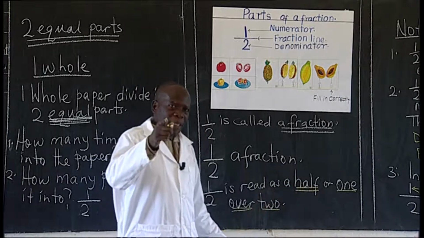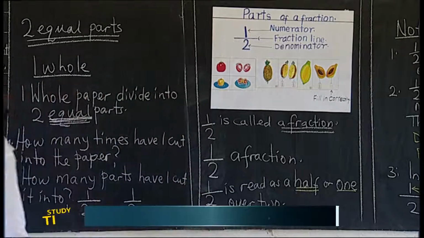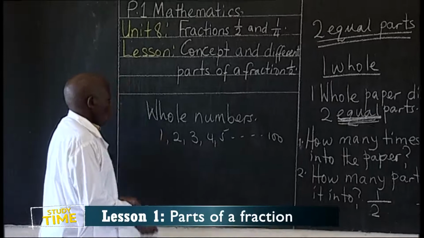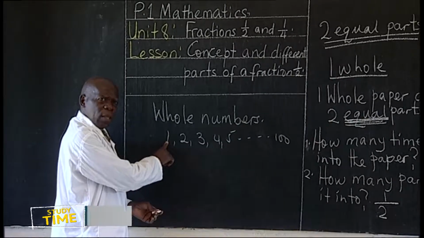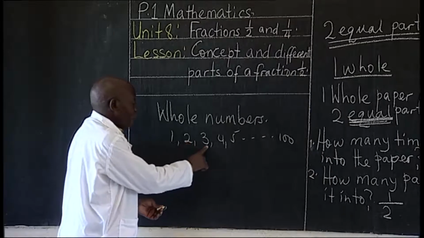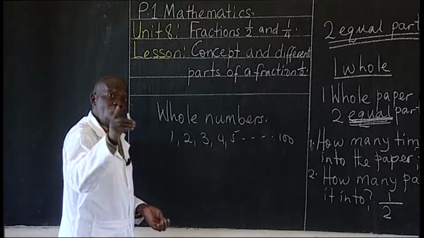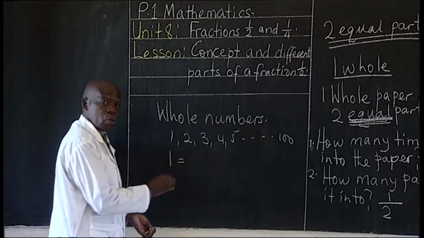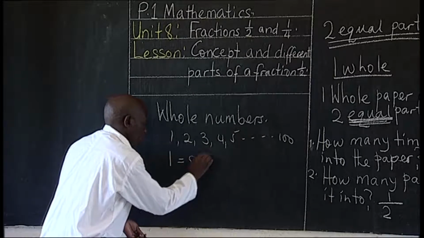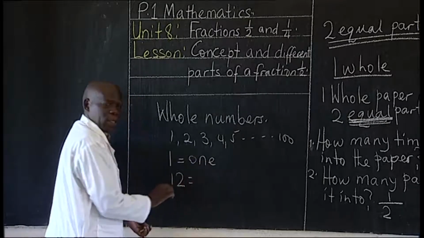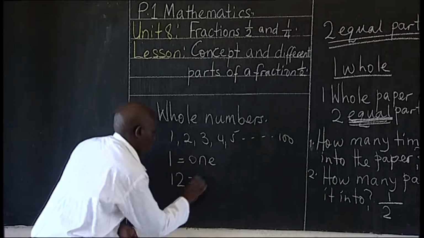Let me take you back slightly. When we are dealing with the whole numbers, do you remember that we used to write this in figures, but also we wrote them in words? This one we said in words is equal to 1. And this one we said is equal to what? 12.